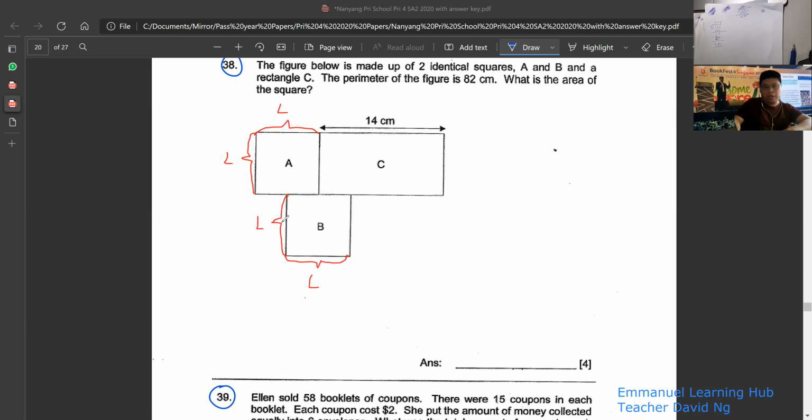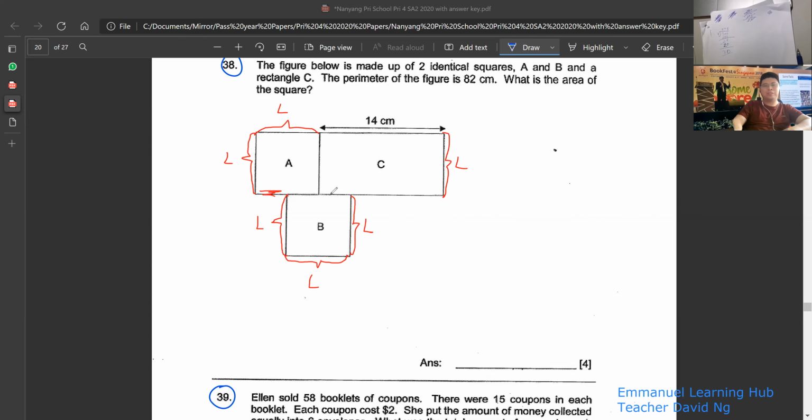So here I can also write L, right? Do you agree here is also L? Yes. Okay, the problem is here, right? You don't know this one, neither do you know this one.